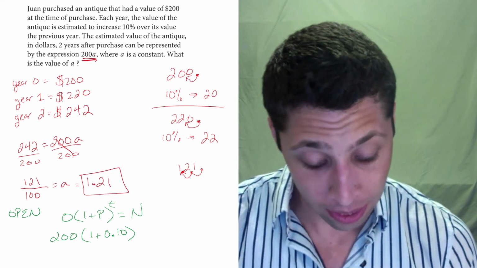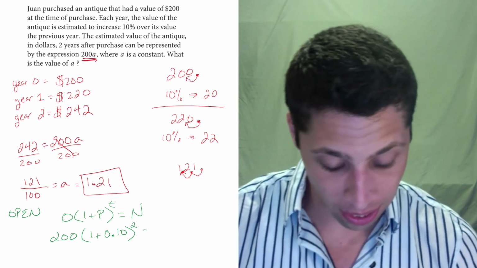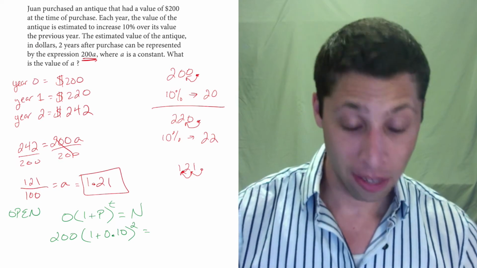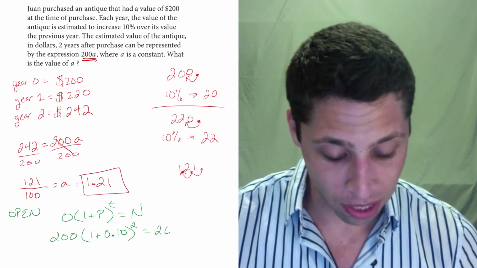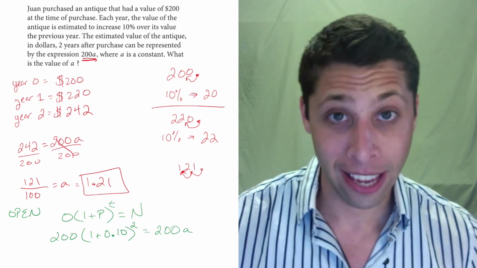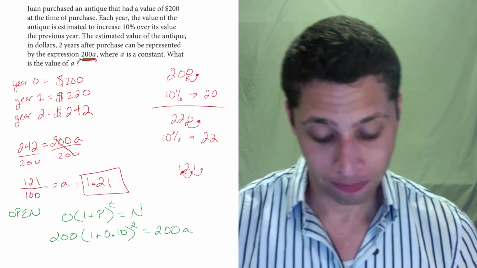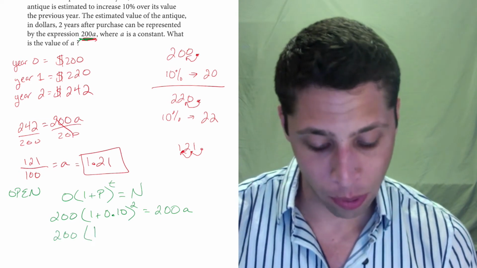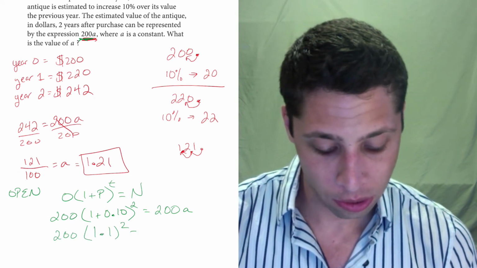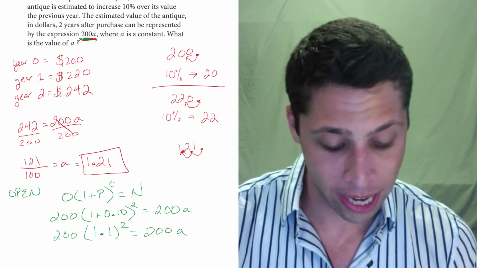And then to the t, well, it says 2 years have passed. And that's supposed to be the final amount. So we can keep it as the new, or we can just say the 200a that they gave us in the question. And now we can just simplify. 200 times, well, that's 1.1 squared is equal to 200a.